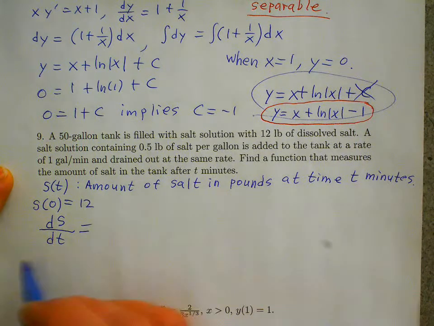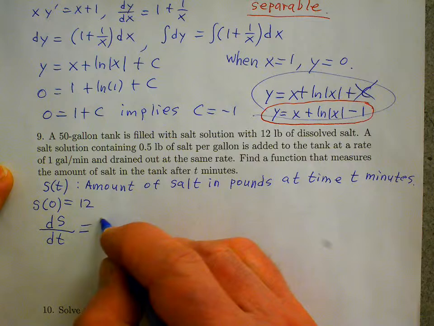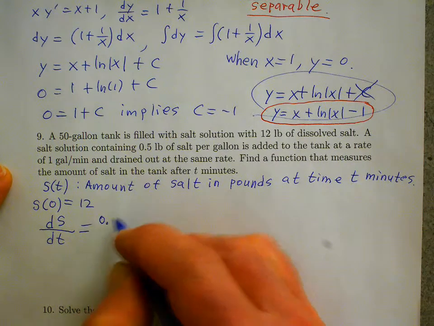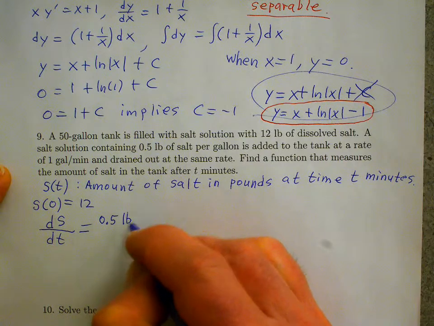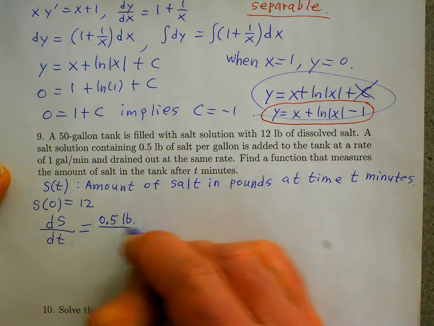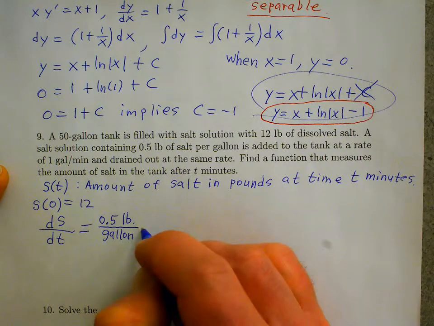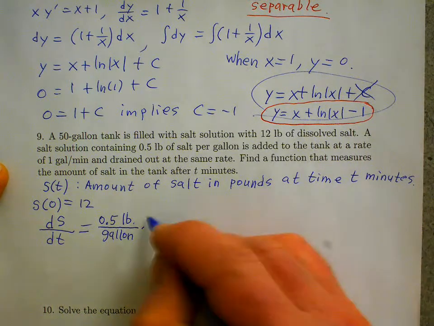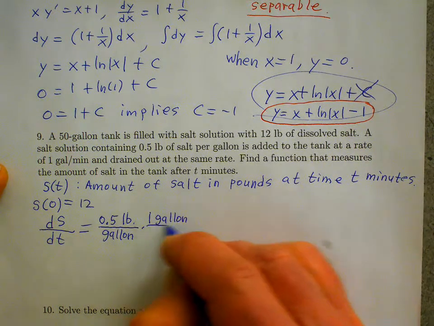So for this first time, I'll write down the units. So the salt is coming in at 0.5 pounds per gallon at a rate of 1 gallon per minute.